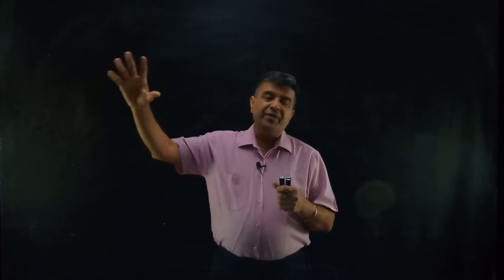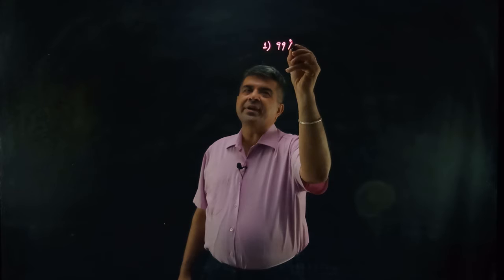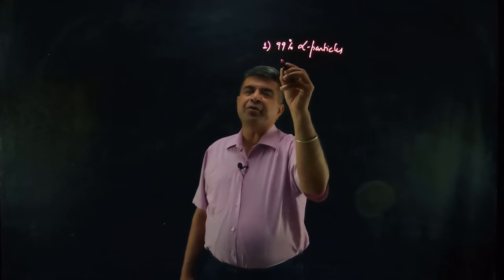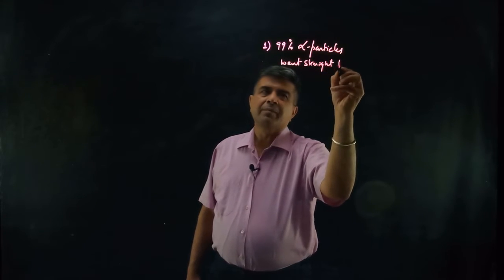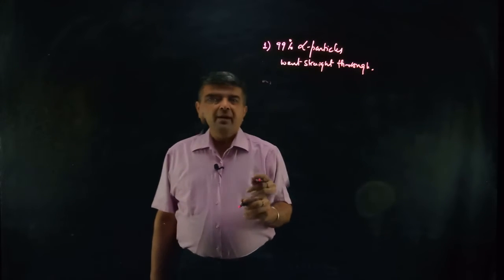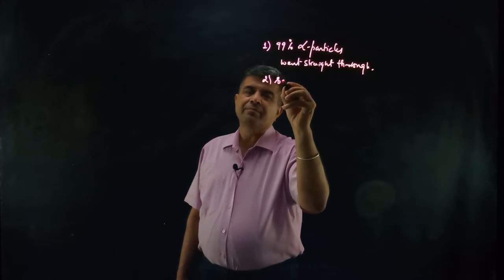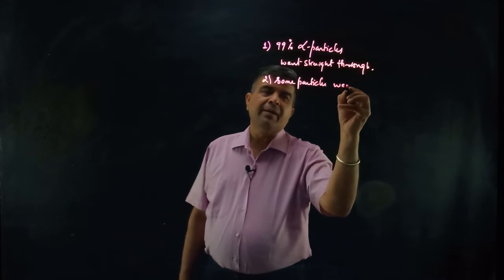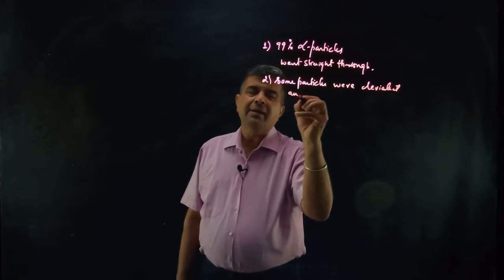The results obtained from this experiment were: first, 99% of alpha particles went straight through the gold foil. Second, some particles were deviated at an angle.